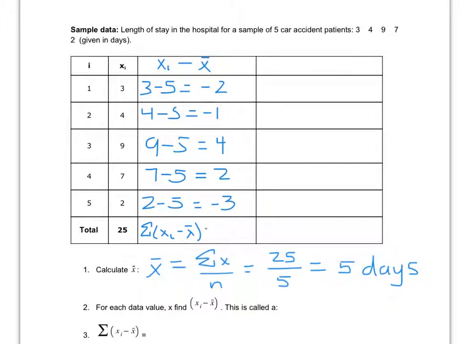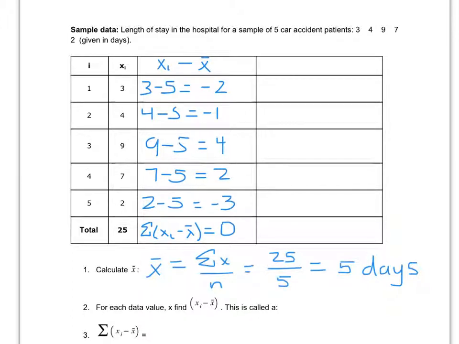Maybe you've already done this in your mind. If you add those up, we end up with 0. That is built into how we came up with x bar. If we find these deviations and add them up, we're always going to end up with 0.